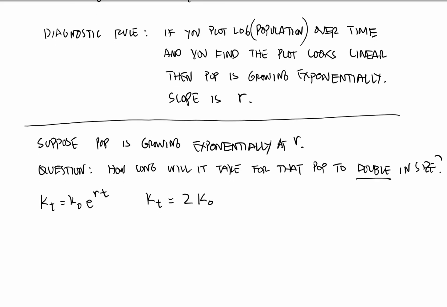So let's rewrite that as 2 times k0 equals k0 e to the rt. There's a k0 on both sides of that, so we can cross those two out. And what we end up with is that to double in size, we get 2 equals e to the rt, and now we have to solve for that t.